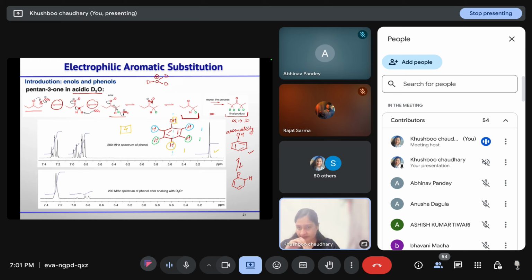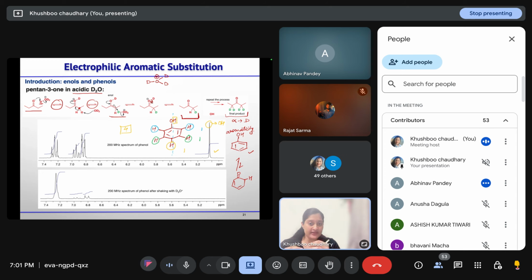Which one will be deshielded, the aromatic ones or the OH one? Aromatic ones. So this is the shielded one, so this corresponds to the OH, correct? Yes, ma'am.